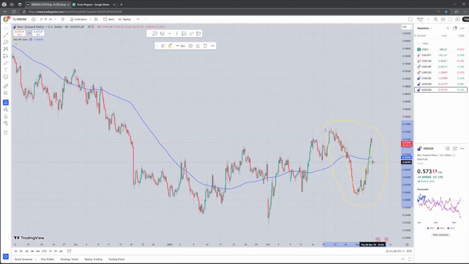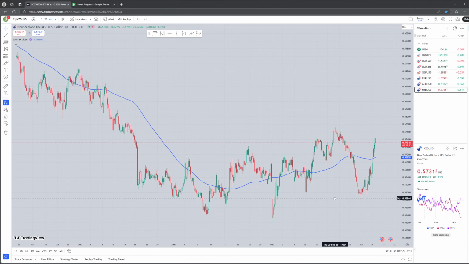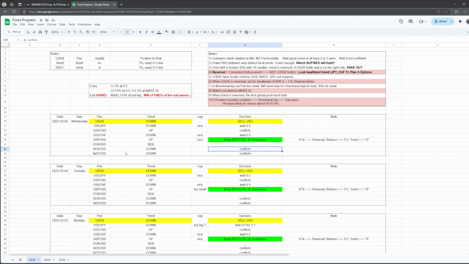Trend is still considered down. Okay, let's write it down. New Zealand dollar USD trend is down. USD is getting stronger against New Zealand dollar, which conflicts with the USD index chart. That's why we're not going to force any trade on New Zealand dollar USD.